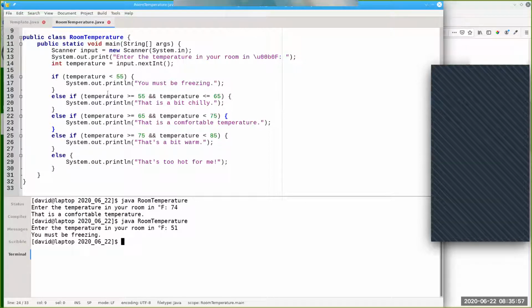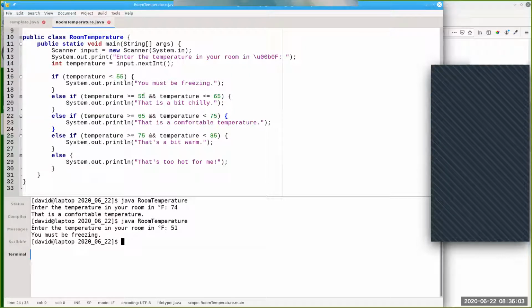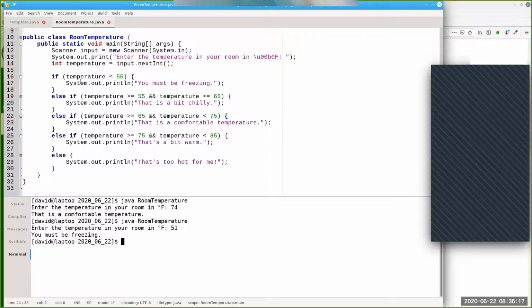Is it greater than or equal to 55 degrees? Yes. Now, I didn't need to ask that second question, did I? And in fact, you're probably saying, oh boy, that's sort of weird for him to ask because I already told him it wasn't less than 55, so it must be greater than or equal, correct? Yeah. Okay, that's the point that's going on here.